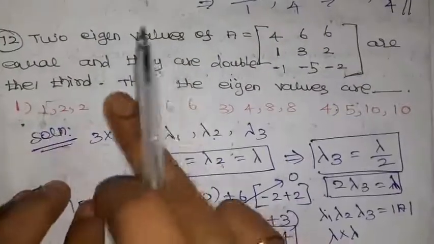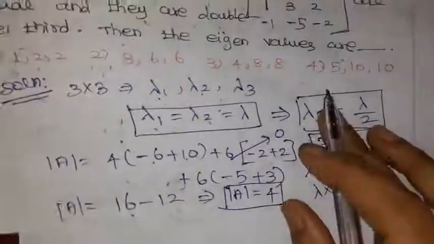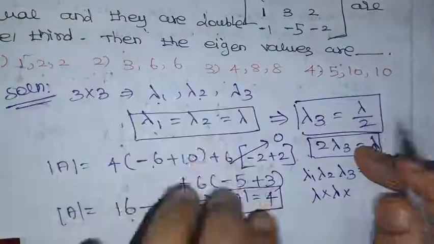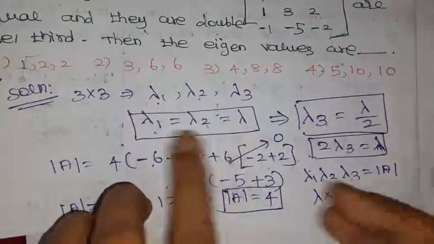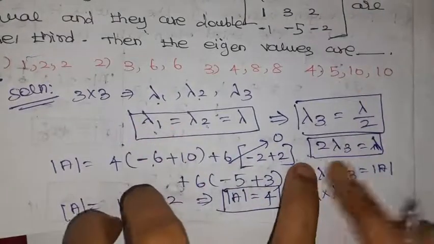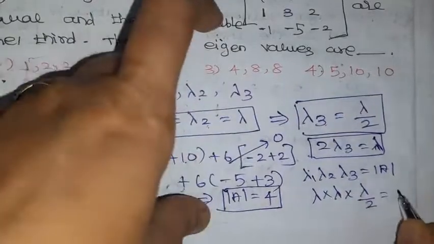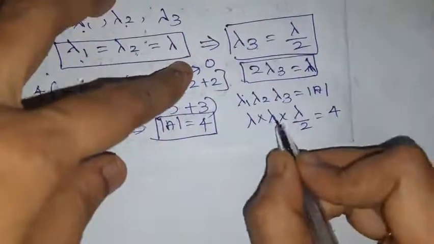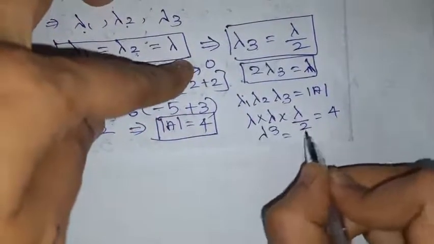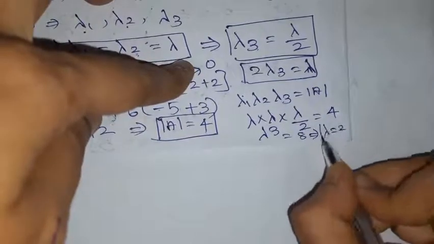Lambda 1 and lambda 2 are equal and it is double the third means lambda 3 equals lambda by 2. Lambda 1 and lambda 2 is lambda means lambda 3 is half of those. Then only it will come double the third eigenvalue. Then lambda into lambda into lambda by 2 is equal to 4. So lambda cube equals 4 into 2, 8, cross multiplied. So what is lambda? 2. Lambda value equals 2.